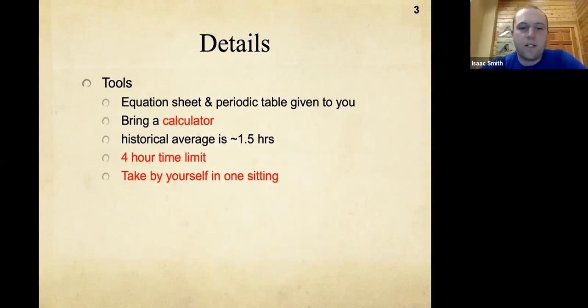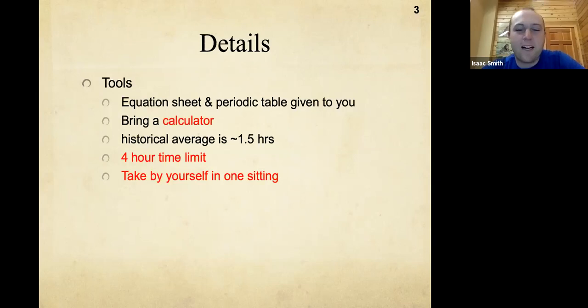The historical average is about an hour and a half. It's about the same as the last exam. And again, there's going to be a 4-hour time limit like there was last time. No one even got close to 4 hours.